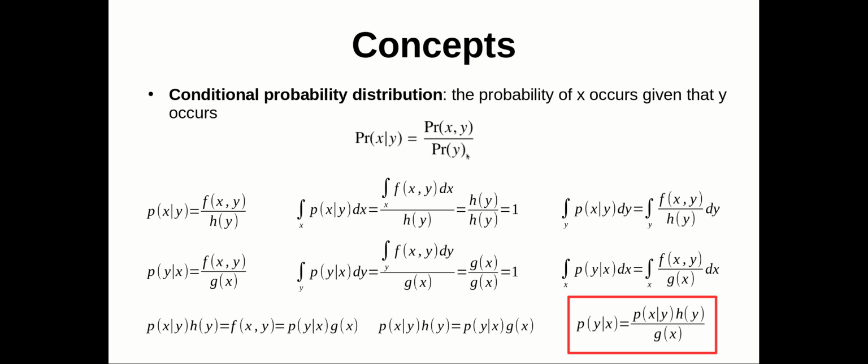This marginal probability of y is on the denominator. So out of all the possibilities that y occurs, you count the probability. It is defined in terms of this kind of ratio of both x and y occurs, and the probability of y occurs.